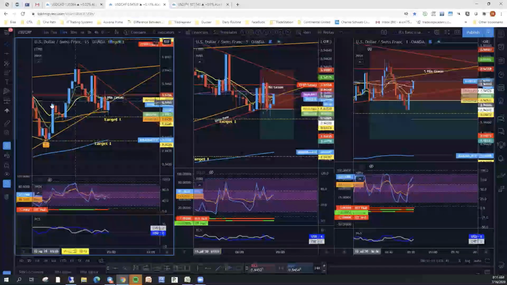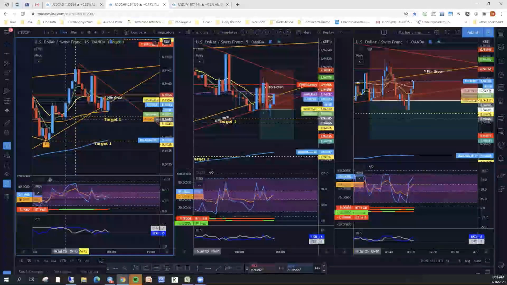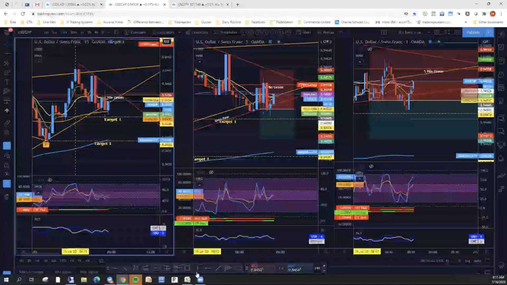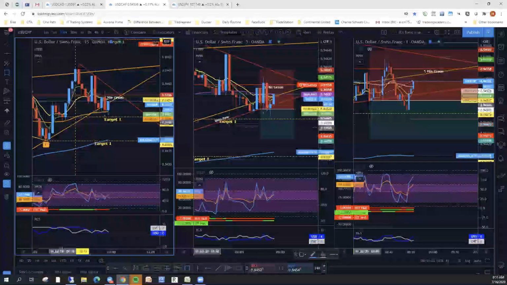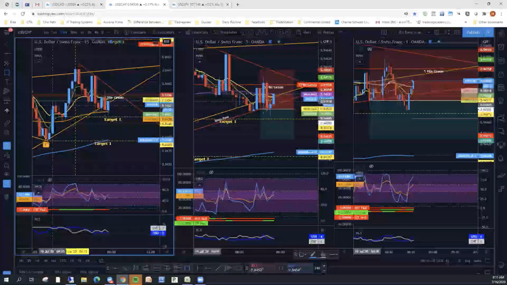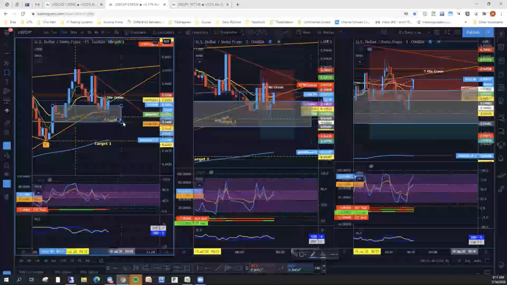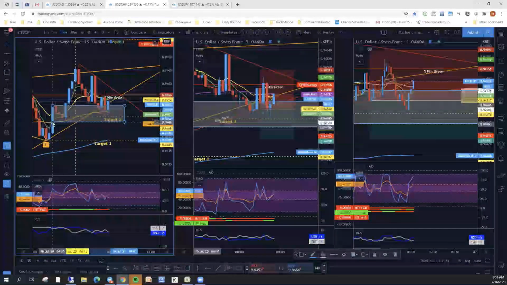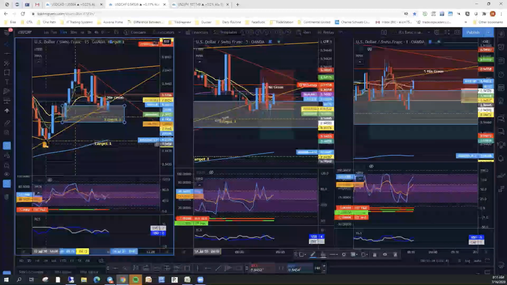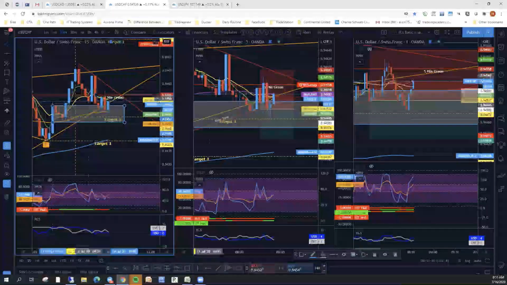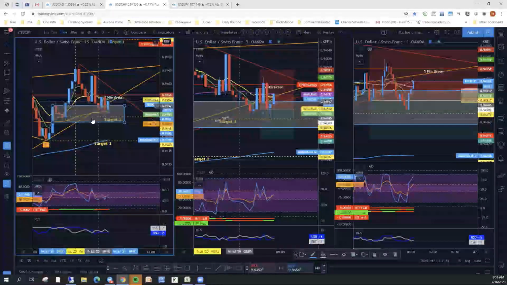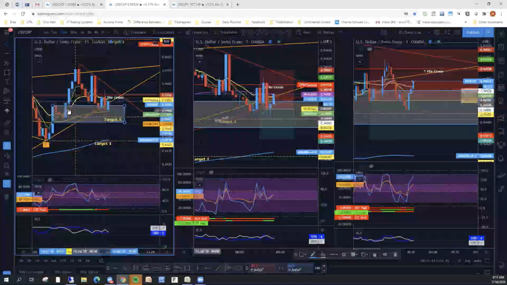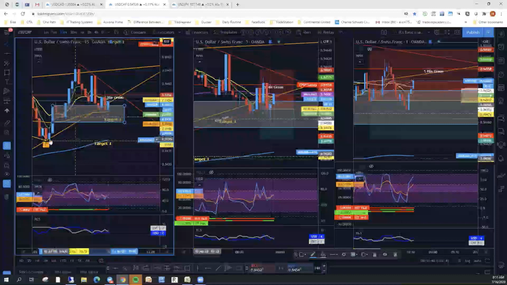So this is the area where it's struggling, and what you do is look to the left on some of your higher time frames and see where it struggled the last time. We had a low here, it rallied up, actually had a little bit of a wedge right in this area. Now it's coming back in here, and this is why it's having some struggle. Once it can get through this, it'll be coming down, checking out this area down in here.